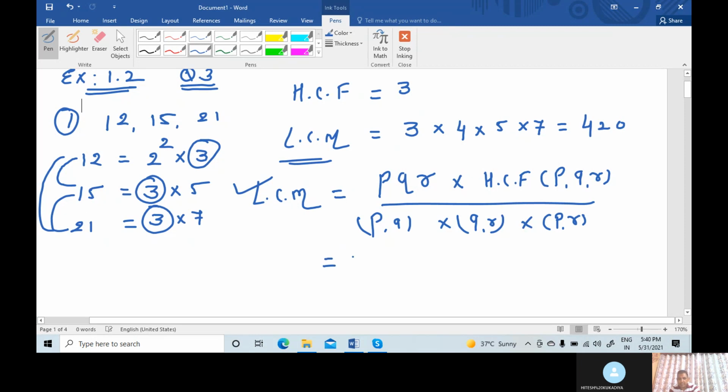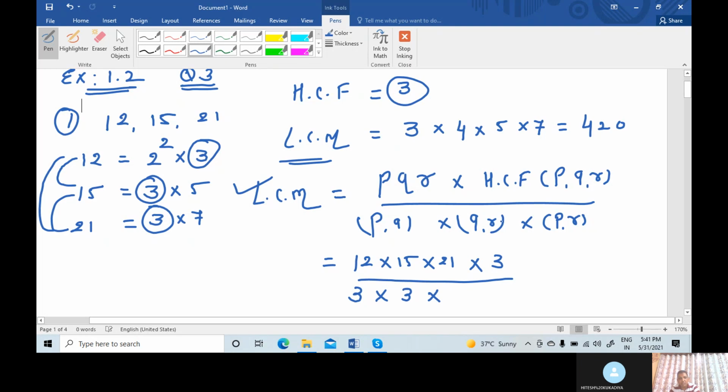Look at this formula. Multiply these 3 numbers P Q R: 12, 15 and 21. Now the HCF of PQR is 3. Now divide by the HCF of PQ: for the first two numbers, 3 is the common factor. Next, QR: the common factor is again 3.